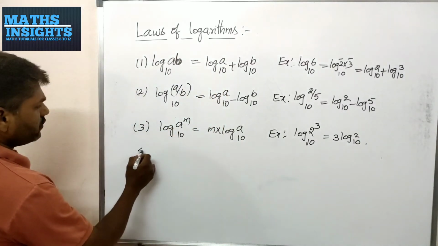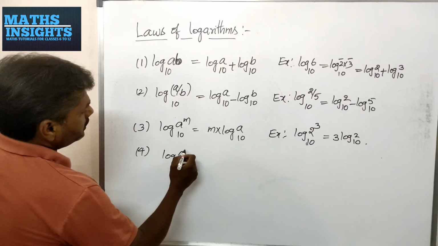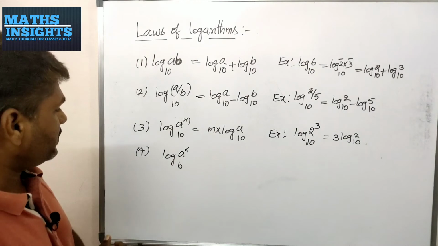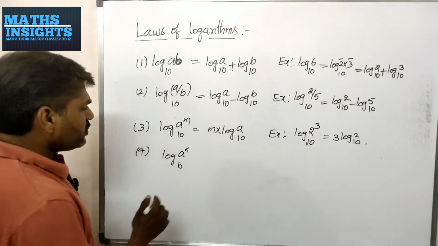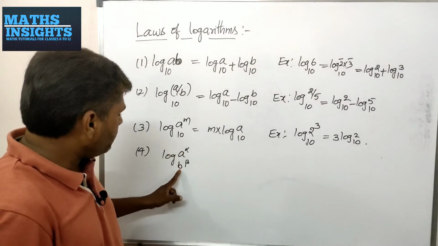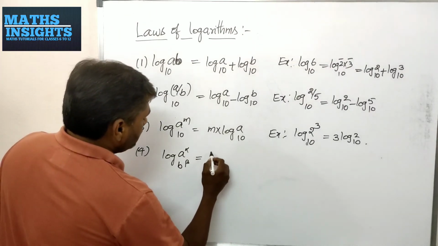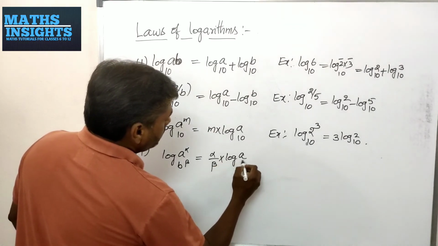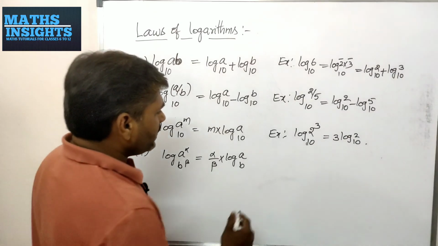Next, the fourth one, log a power alpha base b power beta. Now I am taking a different base here. When you have beta, suppose log a power alpha base b power beta, that can be written as alpha by beta into log a base b. These are very important. For this I will take an example.